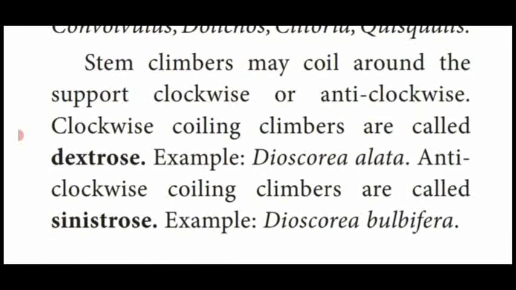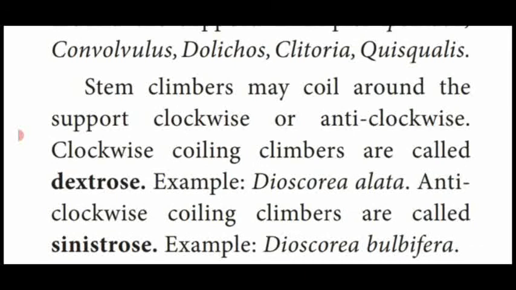So the climbing nature of a stem, based on the direction, is divided into two. That is, whether it is twining clockwise or anti-clockwise. These climbers are differentiated into two types. One is dextrorse, another one is sinistrorse. The clockwise coiling climbers are known as dextrorse. Example, Dioscorea alata. The anti-clockwise coiling climbers are called sinistrorse.